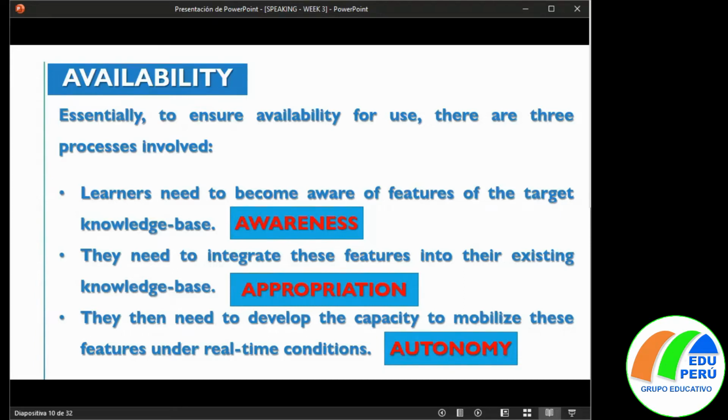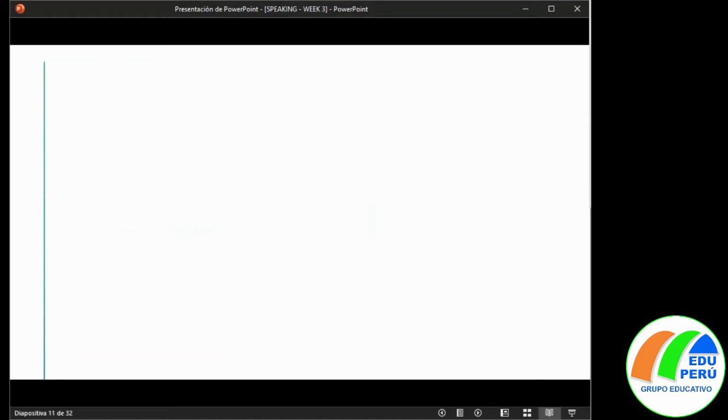You call this autonomy. You need to be autonomous. Notice, with these three processes, we ensure availability. We are ensuring availability.